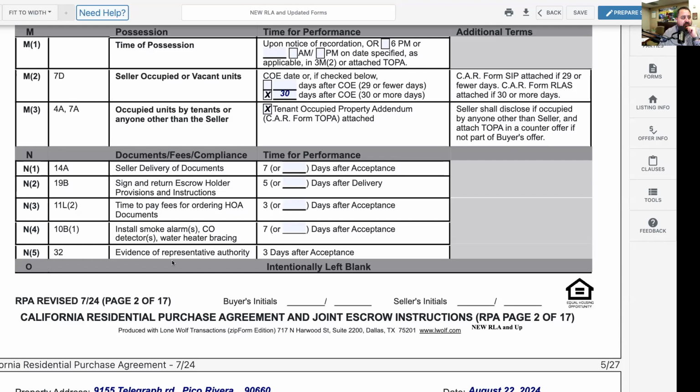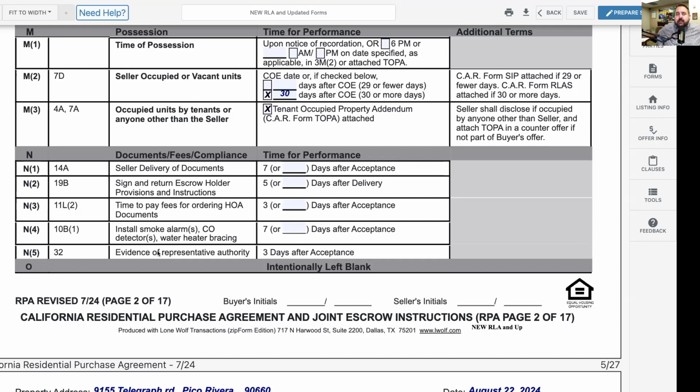3 and 5, evidence of representative authority. So if you have a buyer or a seller that is a representative of an entity, it is a corporation, a partnership, a trust, a probate, they have 3 days after acceptance, both parties do, to provide proof of their authority to the other party.